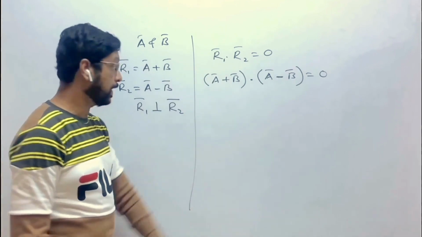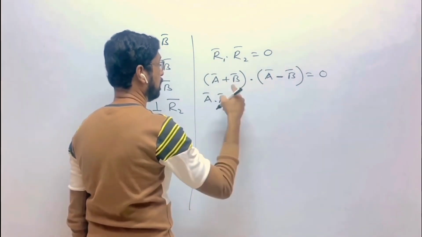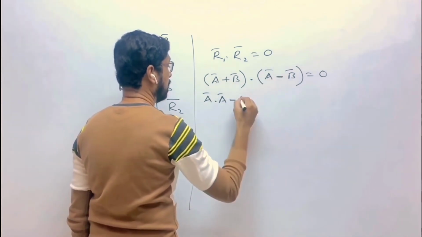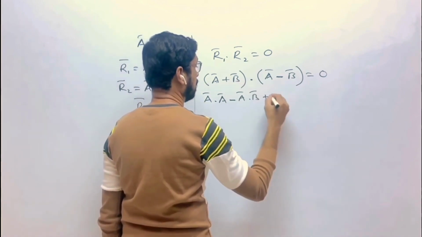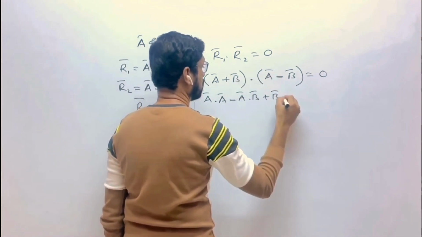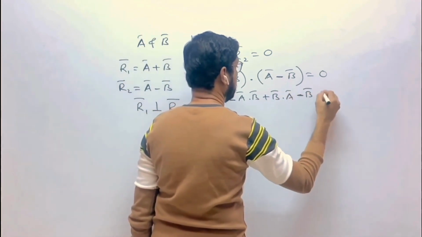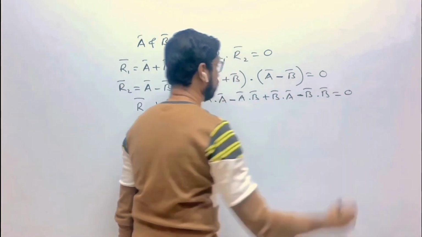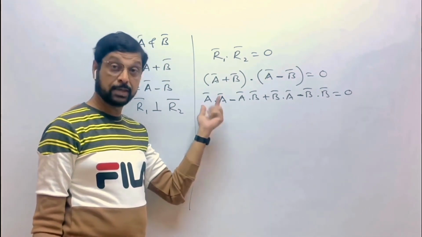Now open the brackets. A dot A minus A dot B plus B dot A minus B dot B is equal to 0. A dot A is A square.